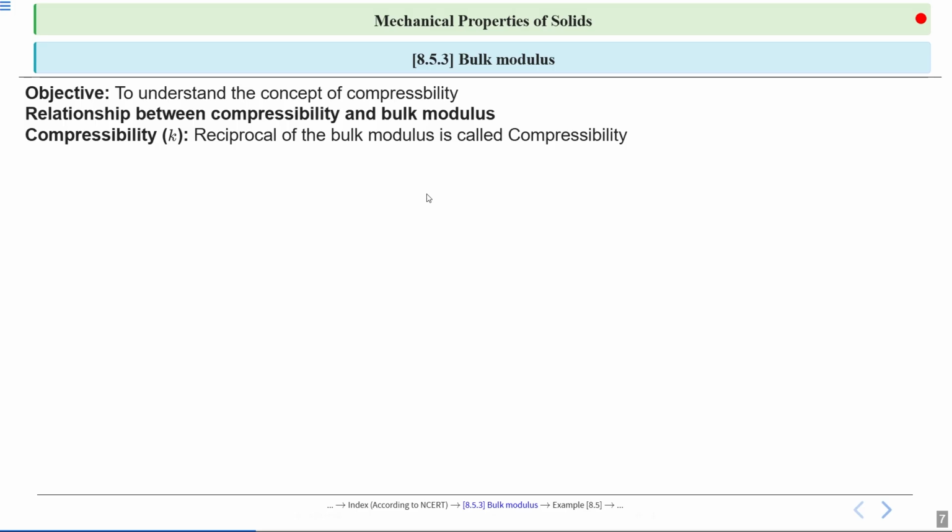In other words, K equal to 1 divided by B, where B is the bulk modulus. This means that if a material is very stiff, high bulk modulus, its compressibility will be low and vice versa.